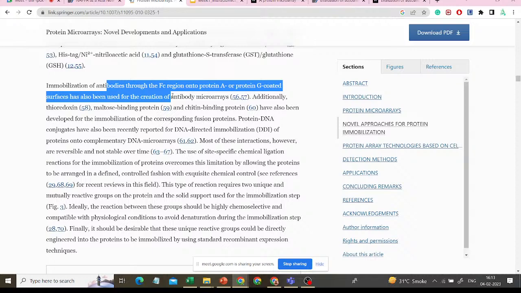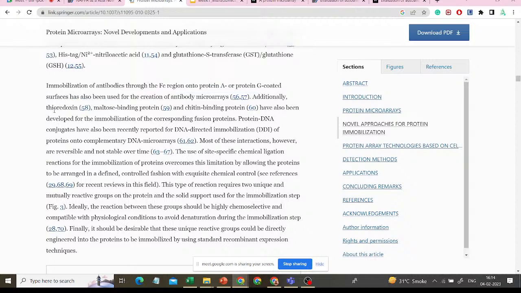If your surface has been coupled with protein A or protein G, then your antibodies will have an affinity towards it and bind to it, and it will be used for antibody microarrays.